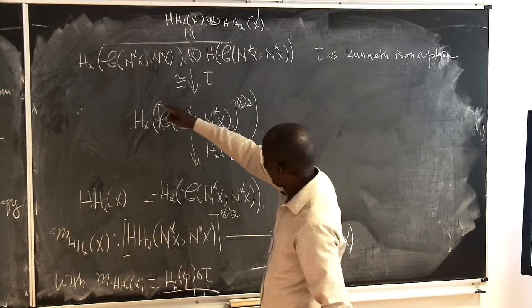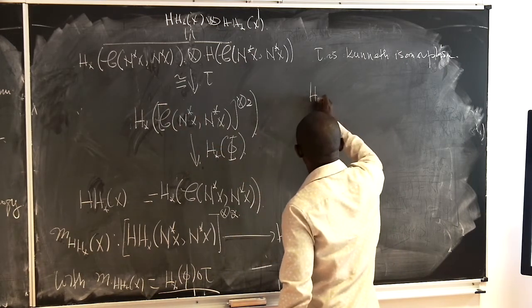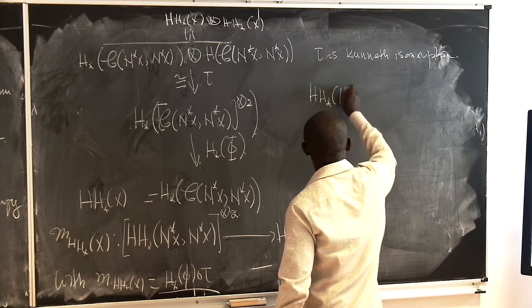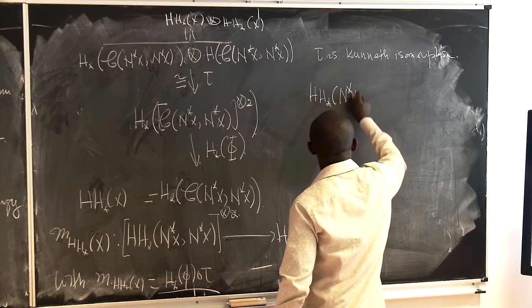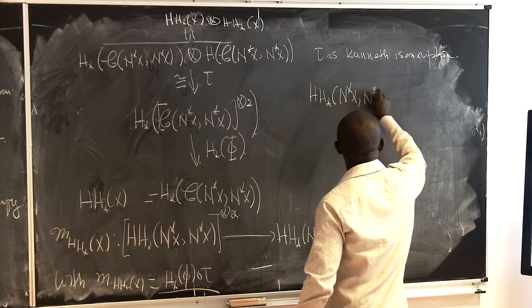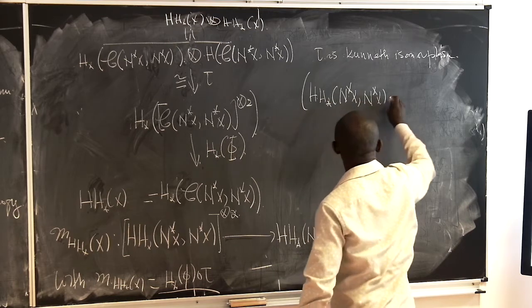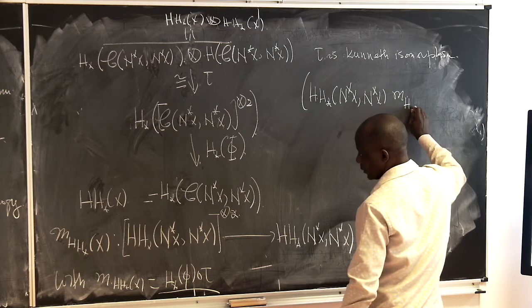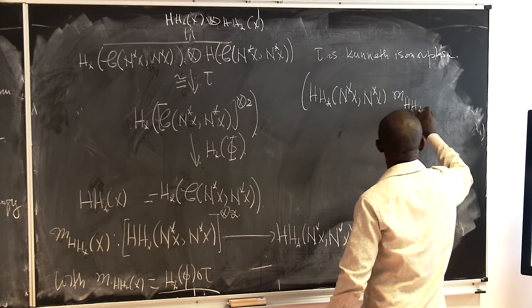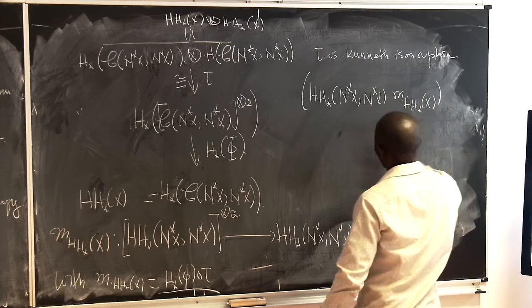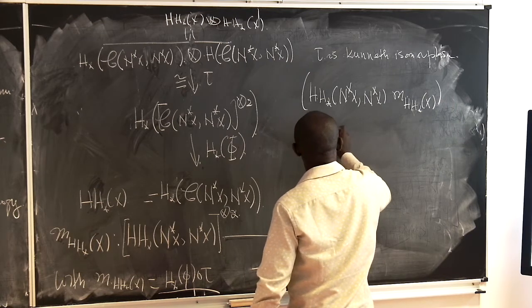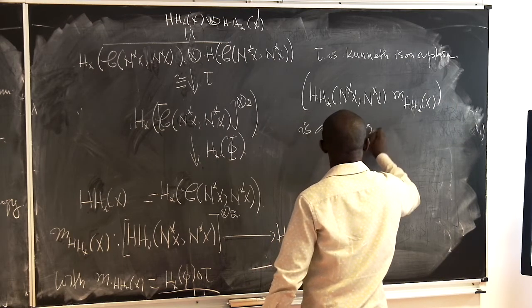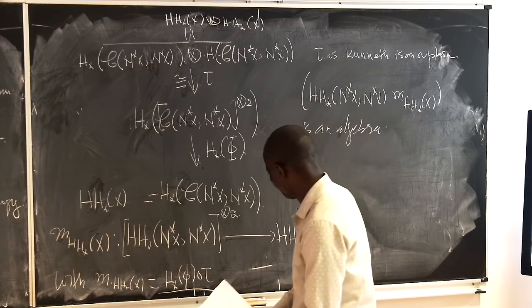So our homology, the Hochschild homology of NX with coefficient in the same NX, which ends up as our HH of X, is an algebra. Okay.